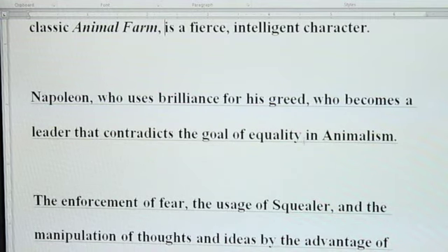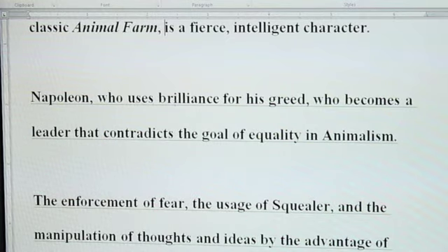If we were asking a question, who uses brilliance for his greed, that would be okay. Or who becomes a leader that contradicts the goal of equality in animalism, that would be okay as well. But we're not asking a question here, we're making a statement. So these dependent clauses actually create a fragment in this thought. So we need to correct that.